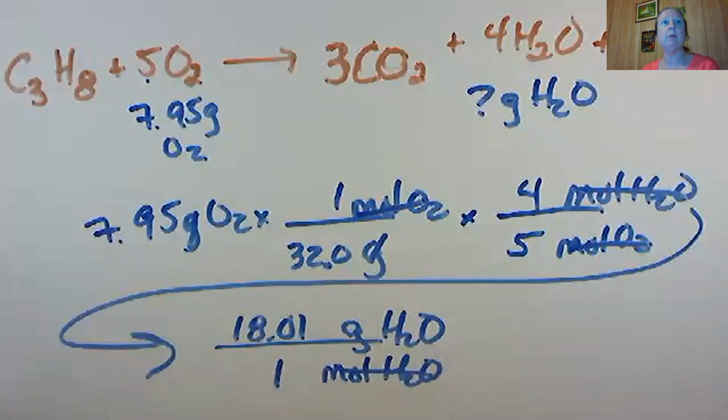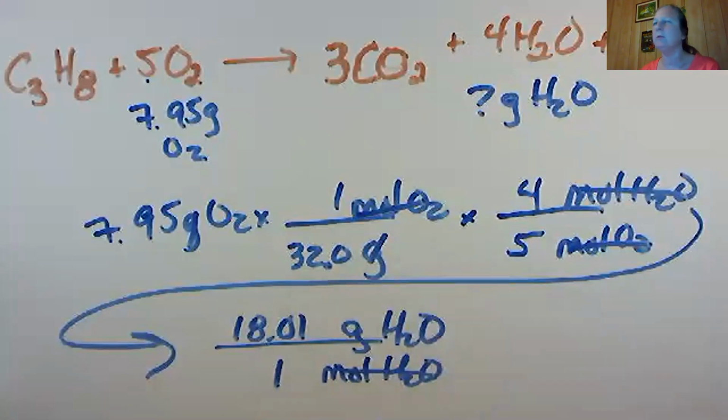We do the math. Again, do these in one step. Don't stop and write anything down. So 7.95 times 4 times 18.01 equals, divided by, I have a parenthesis, and it's 32 times 5, right?